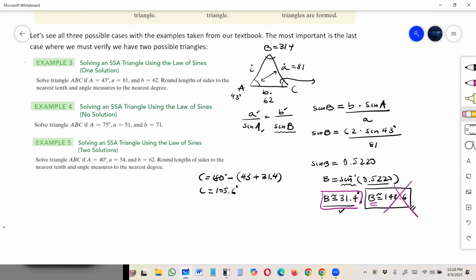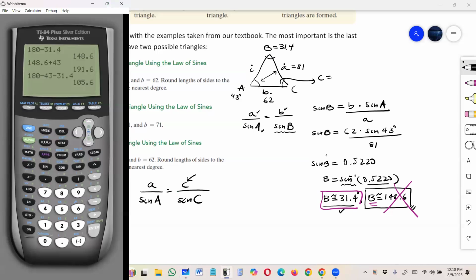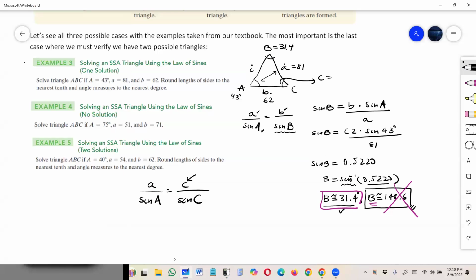And to do that, I am going to use one application of the law of sines again. So I'm going to do the same thing here. A over sine A equals C over sine C. And I am looking for the side C because I already have the angle C, 105.6.